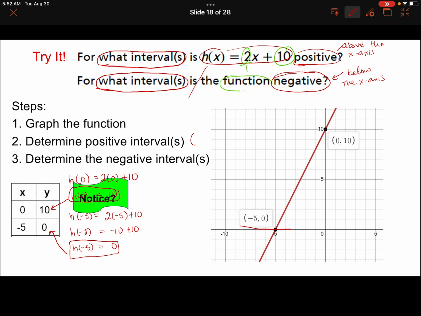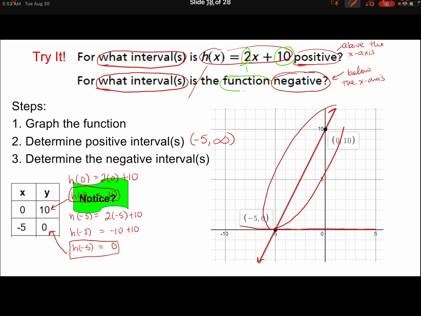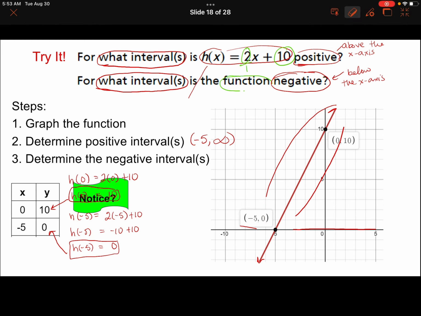It's above the x-axis. This is your x-axis. We're looking at everything above it, which is from -5 to infinity, because these lines never stop. Okay.